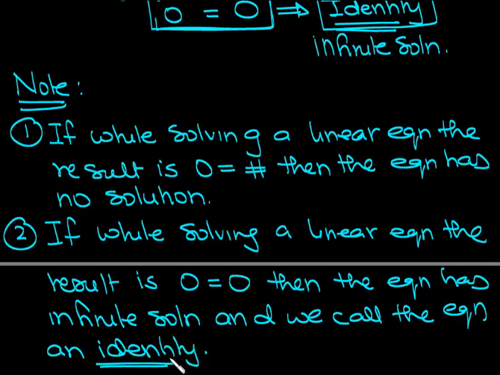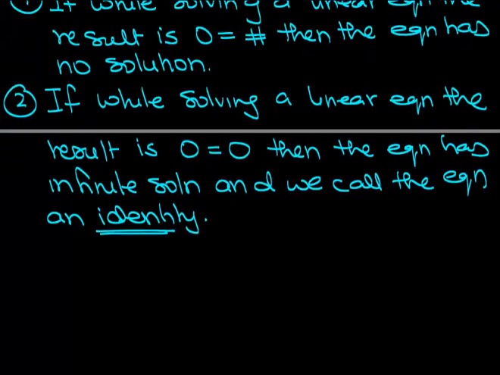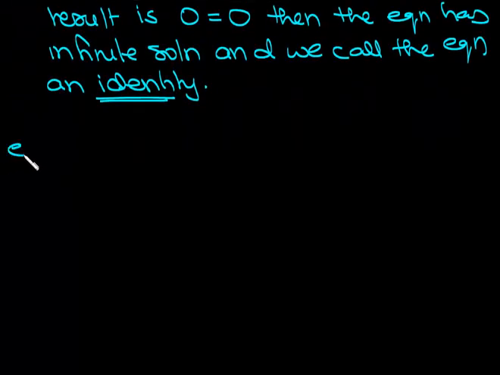Okay, so those are two things you should know. You might come across equations that work that way. Okay, all right. Oh, before I forget, let me just tell you one other note.